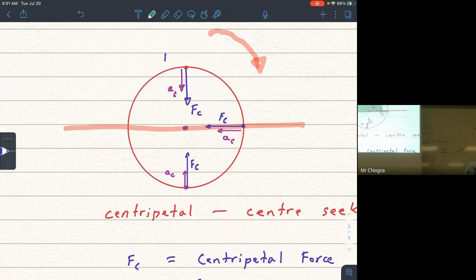At the top, that's the velocity. I'll call it V1. That's the direction the car wants to move.